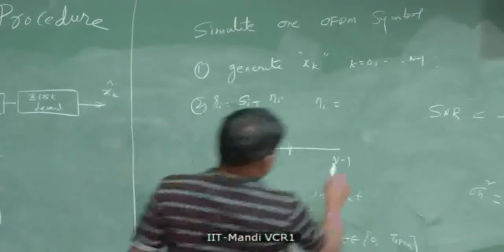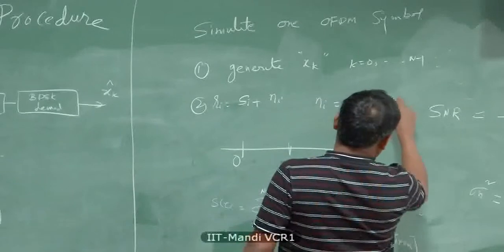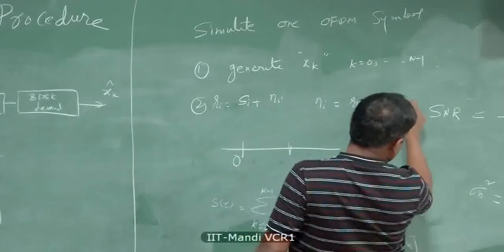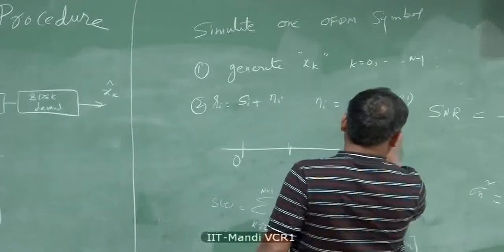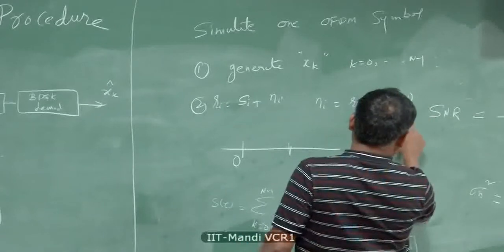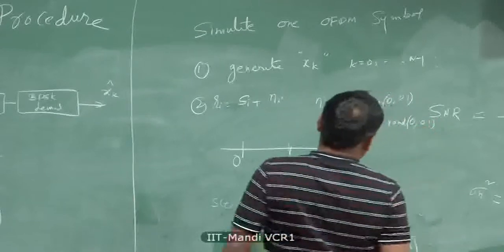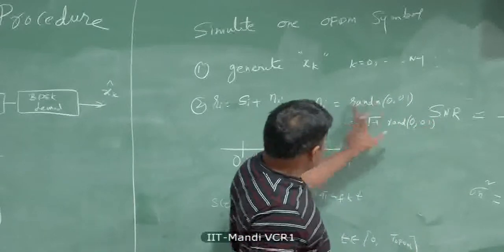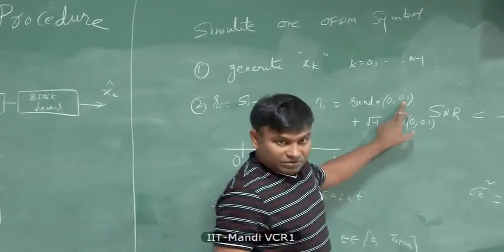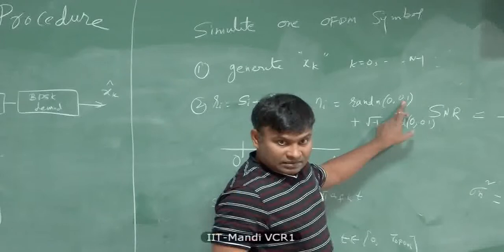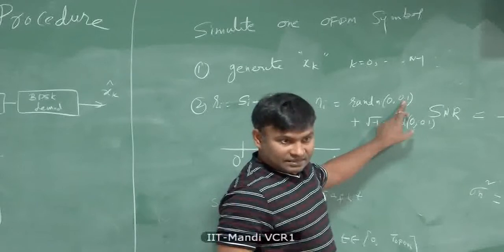So it has a real part, randn, zero mean, and variance 0.1 in this case, plus square root of -1 times randn, zero mean, and variance 0.1. In MATLAB, when you use randn, you have to multiply it with the square root of 0.1.